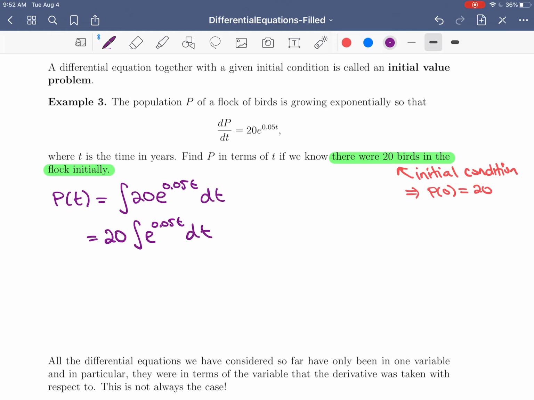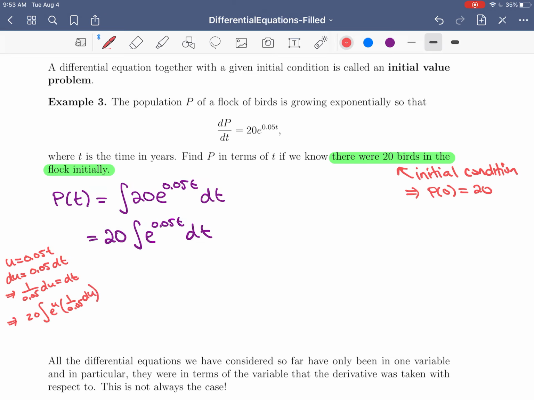Now you might want to use substitution here. It depends how comfortable you are with these antiderivatives. But if you did, you would take u to be the exponent, and then du would be 0.05 dt. So that means that 1 over 0.05 du is equal to dt. And in your integral, you would have 20 integral e to the u times 1 over 0.05 du.